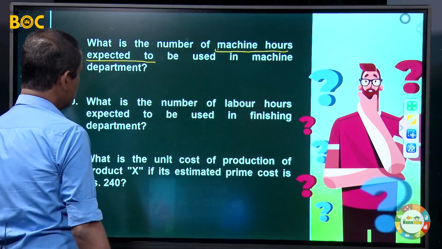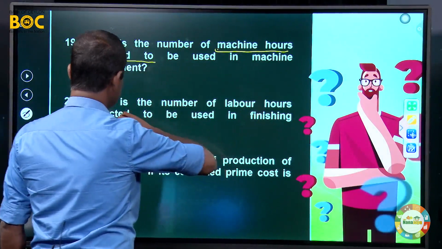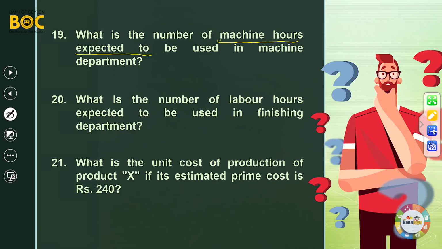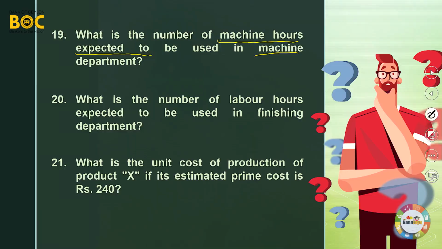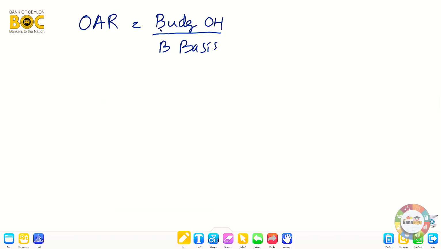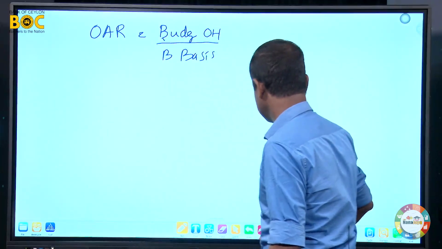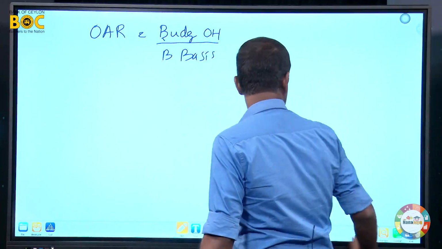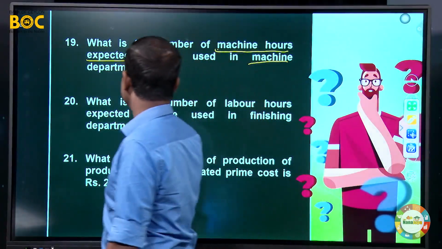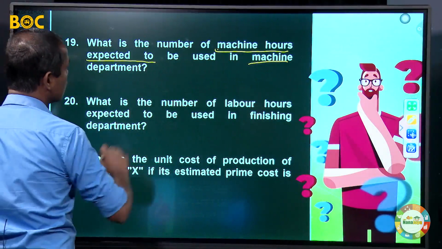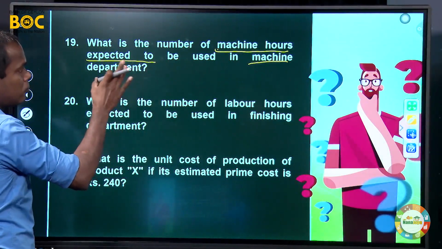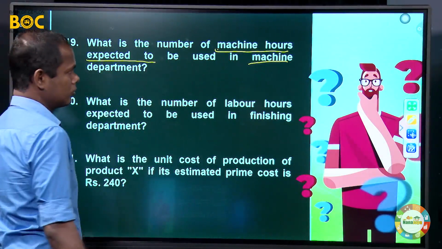Now the question requirement is to calculate the number of machine hours. In the computation of machine hours, it is budgeted overheads divided by budgeted basis. They want you to calculate the number of machine hours expected to be used.